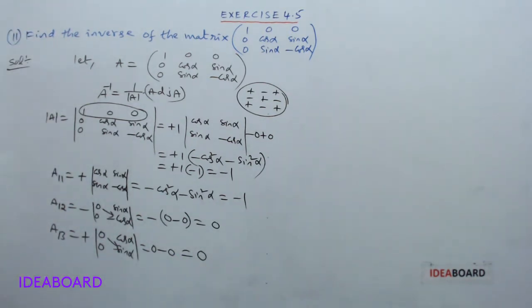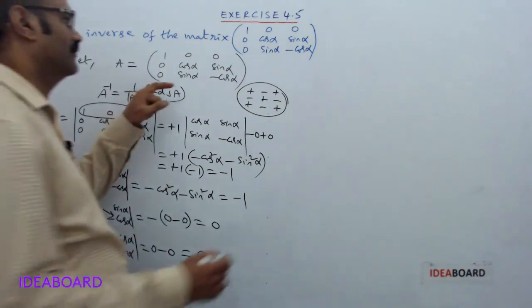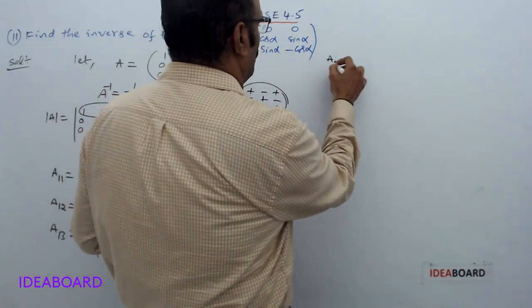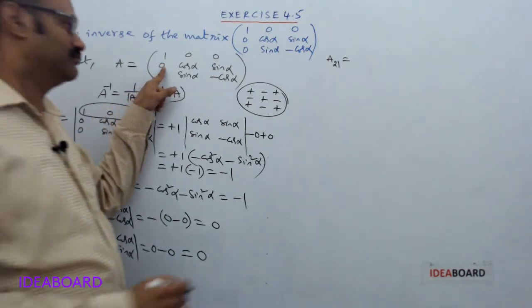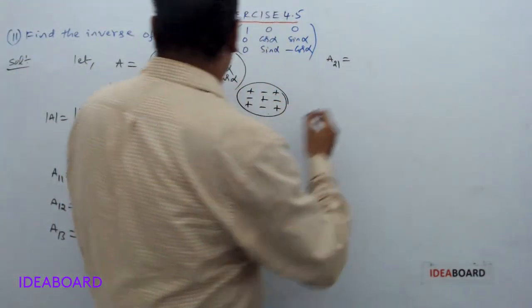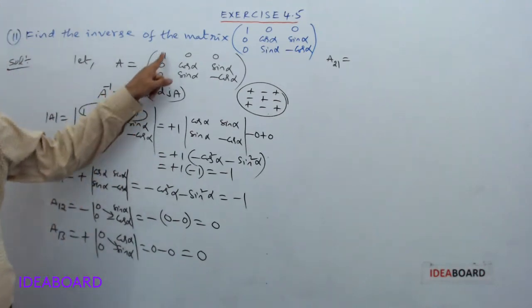Now A21 equals the cofactor of 0. The element 0 lies in the second row and first column.